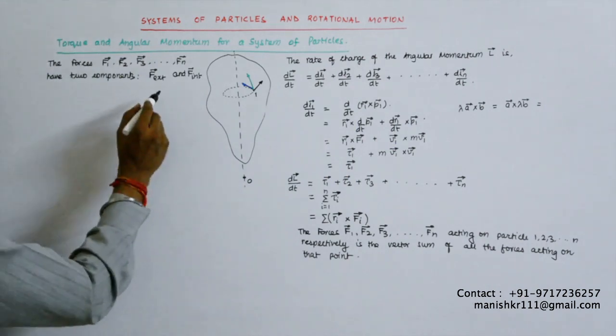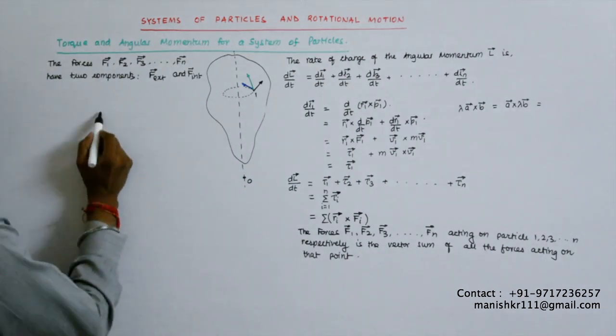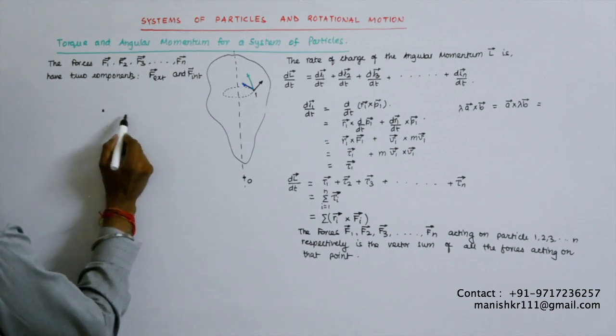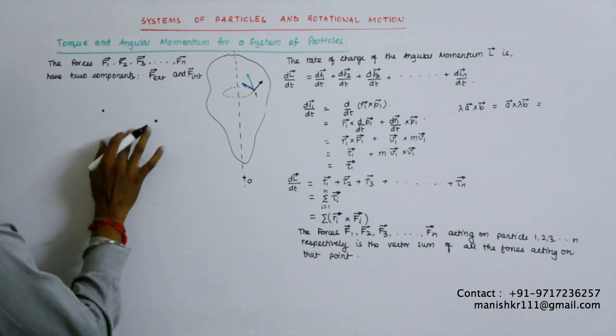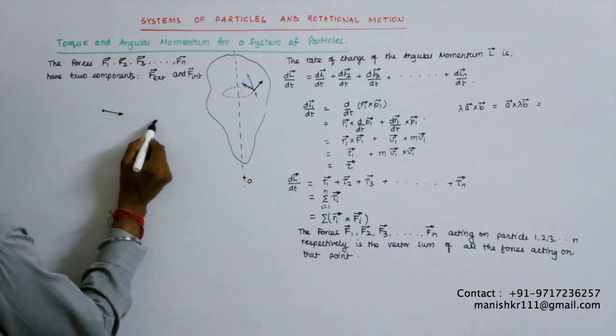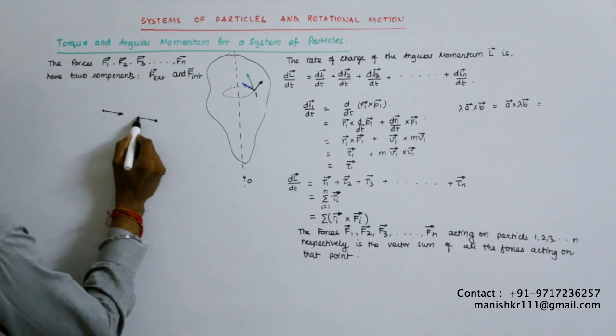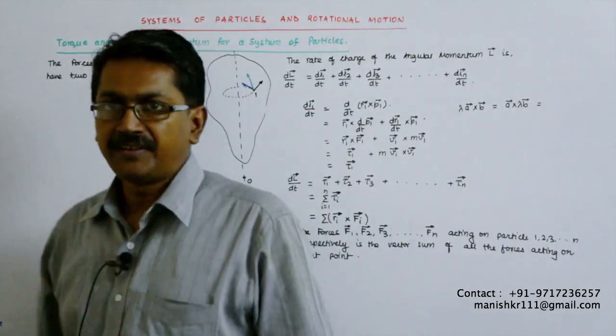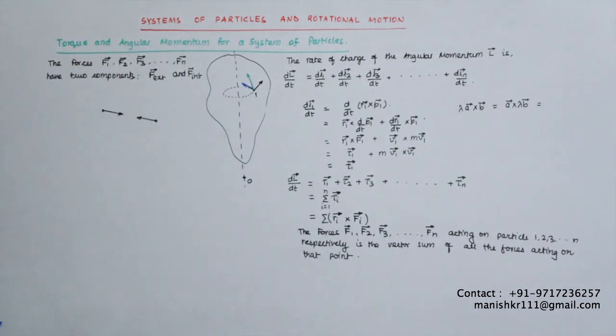And the internal. What do you mean by internal force? There could be a particle here, there could be a particle here. This particle gets attracted by this one, and this one by that one, through gravitational attraction. So these forces F1, F2, F3 have two components.